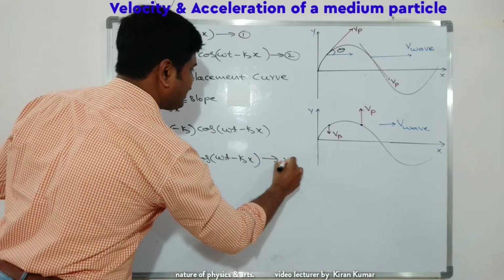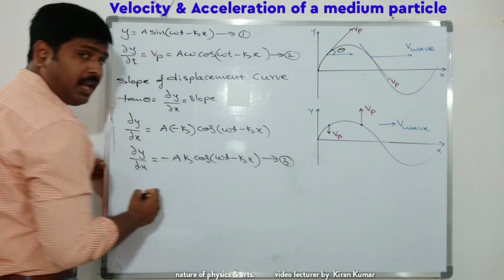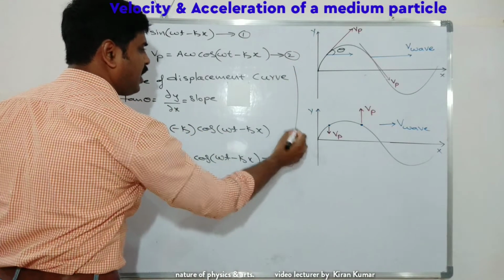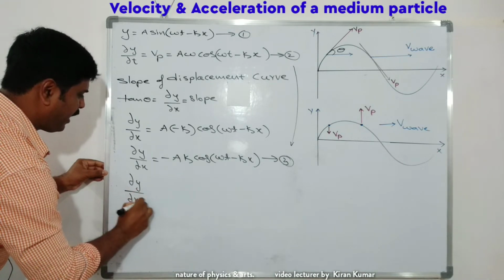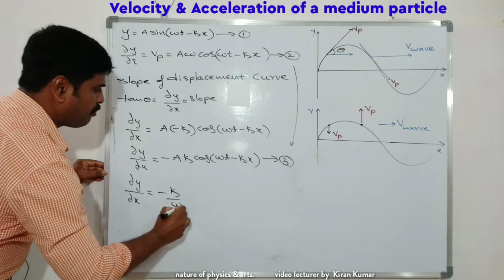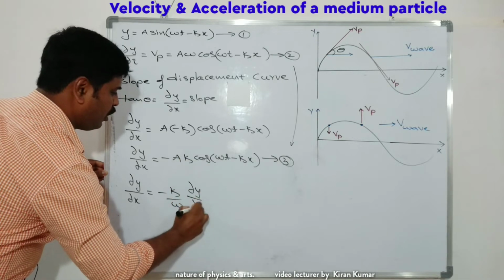This is equation 3. Substituting equation 1 in equation 3, the resultant equation is ∂y/∂x = −(k/ω) ∂y/∂t.